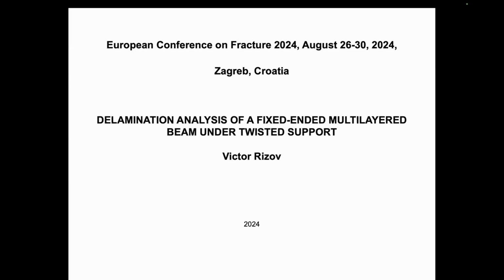A parametric investigation is carried out in order to clarify the effects of a variety of factors like magnitude of the angle of support twist, beam geometry, configuration of layers, distribution of properties of layers along the beam length on the delamination behavior.